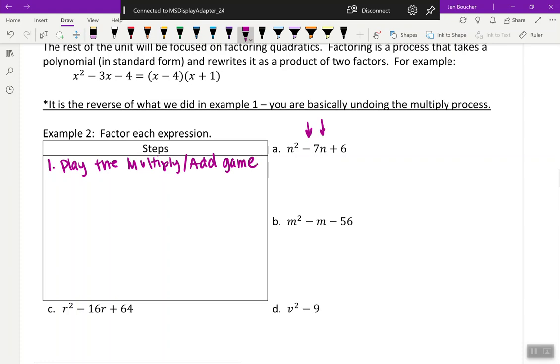The other game is guess and check, which is a little bit harder. Okay, here's how I set up the multiply add game. Some teachers do it like this. Some teachers do it like this. This is like the key part of today.